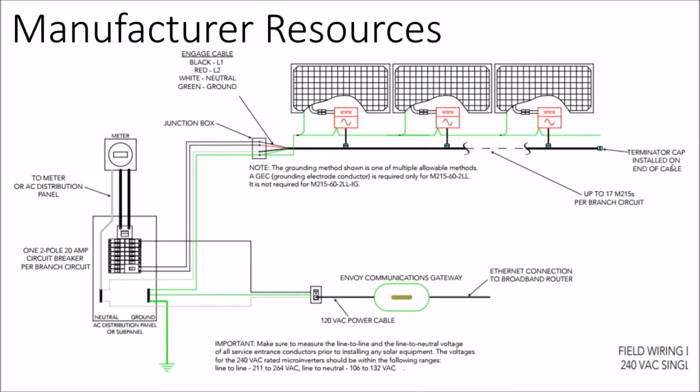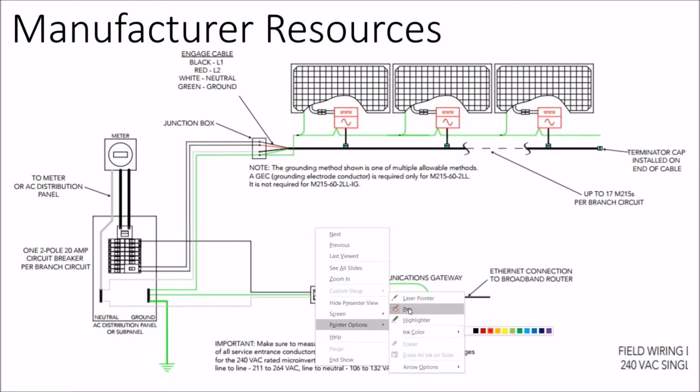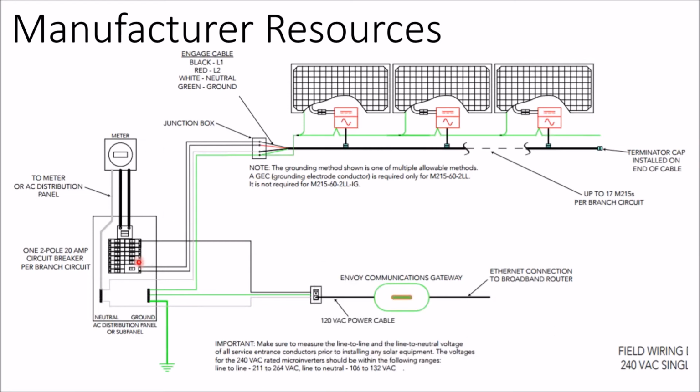They'll have installation manuals, sample wiring diagrams, and if your electrician is good enough, they're going to be able to look at a wiring diagram, and even if they've never installed solar before, they can look at something like this and say, well, what it looks like is that I have a double pole breaker tying on to both legs, leg one and leg two of power, and I'm pulling those up to a junction box that might be installed on the rooftop or might be installed underneath the roof in the attic.